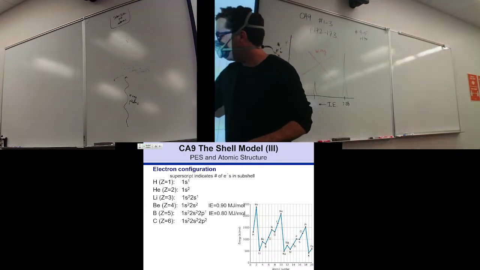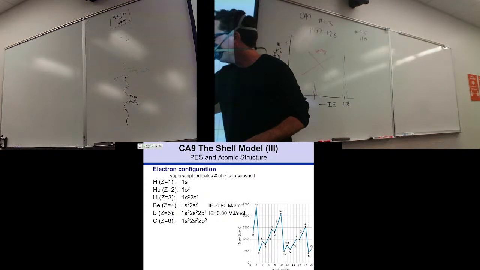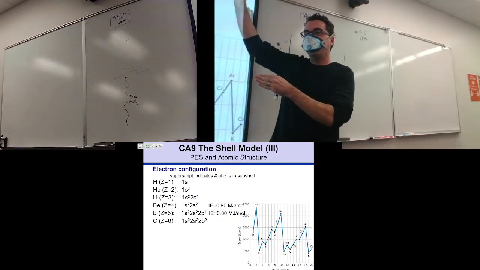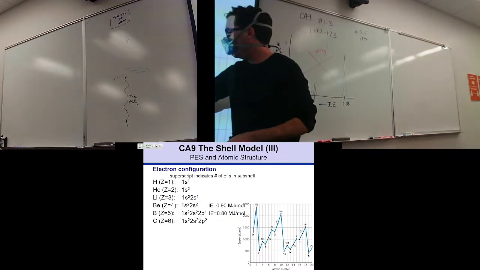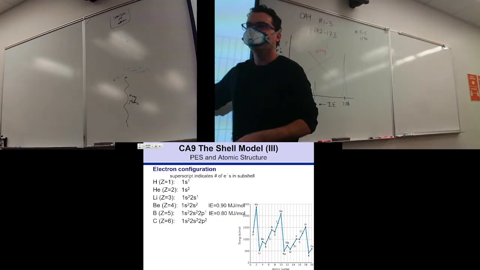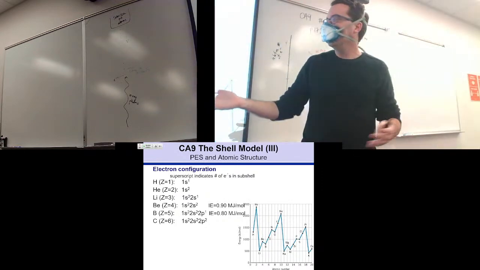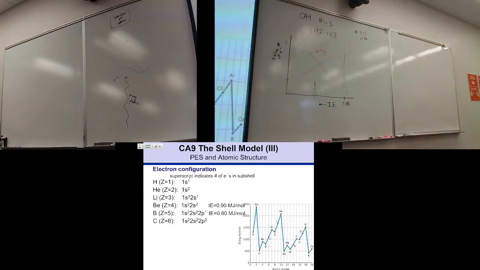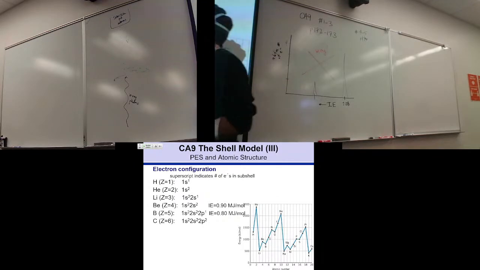So here's one: beryllium to boron. When you go across the period, you expect the ionization energy always to go up, but when you get to boron, it drops down a little bit. Why? Well, now we can see why that occurs. The electron configuration of beryllium is 1s2, 2s2. The next one, boron, is 1s2, 2s2, 2p1.